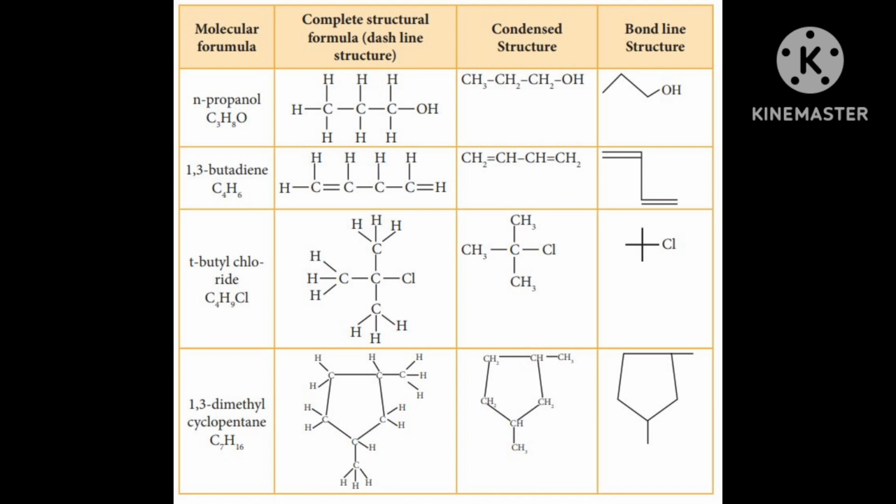CH3 you can write: the first carbon is CH3, C, and then 3 H you join with 3 bonds, 3 dashes. You write C and H with 1 dash, another C and H, and a third C and H, like that way. Total 1, 2, 3, 4, 5 carbons are there.